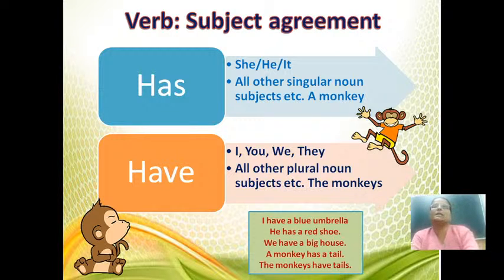A monkey has a tail क्योंकि वो singular subject है. The monkeys, it is plural, that's why I have to use have. The monkeys have tails. हर एक मंकी को पूंछ है, tail है. So I must say the monkeys have tails. I hope you understood the difference between these two.